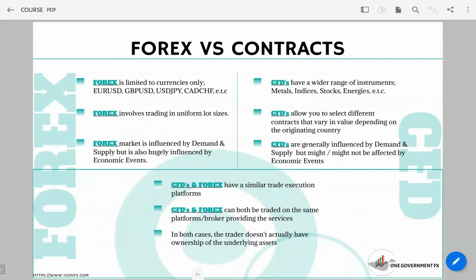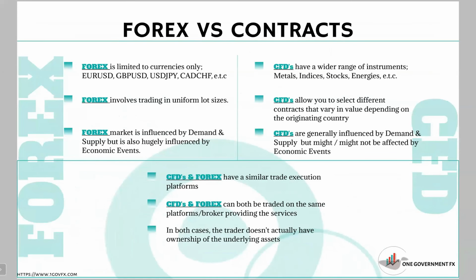Okay, let's go on. CFDs and Forex have a similar trade execution process, which means that the same way you take positions on the Forex is the same way you take on CFDs.